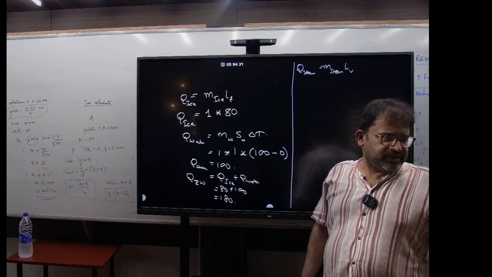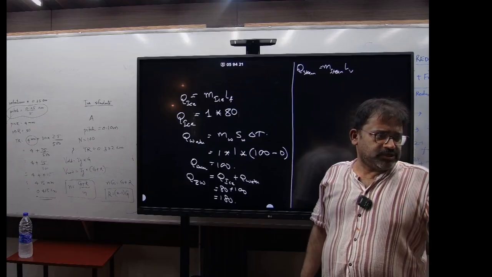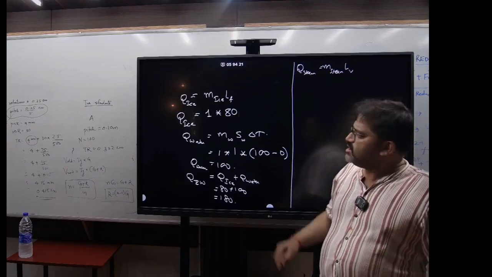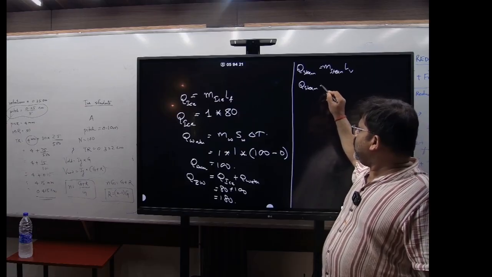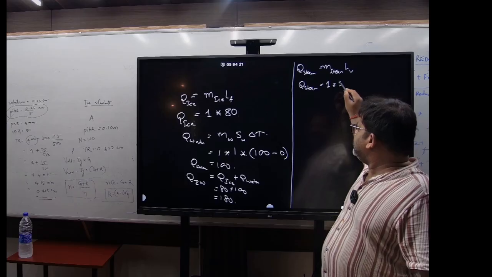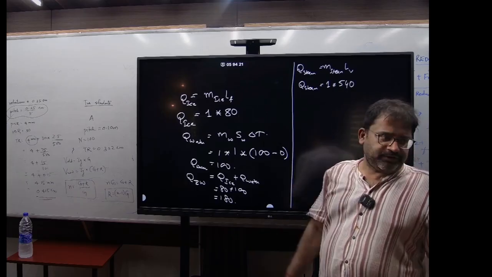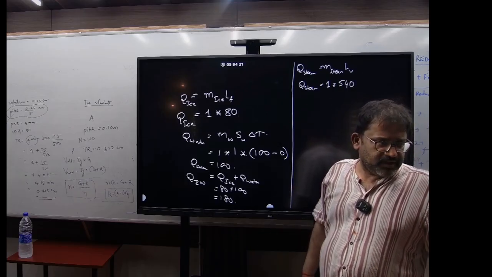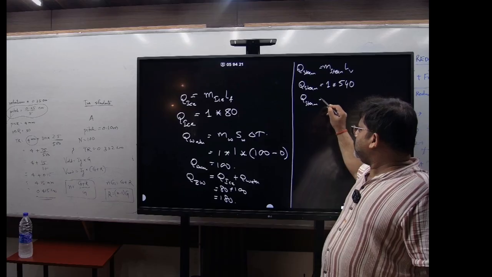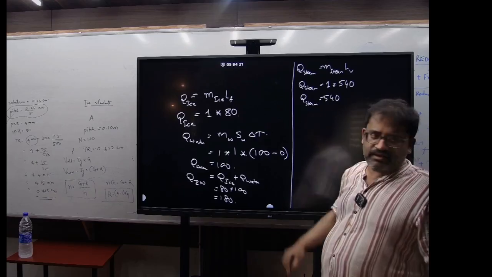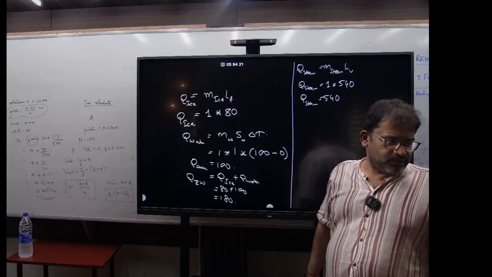It is called as latent heat of vaporization. So now Q steam is equal to, the mass is 1 gram, and latent heat of vaporization is 540 CGS unit. That means Q steam is equal to 540 CGS units.